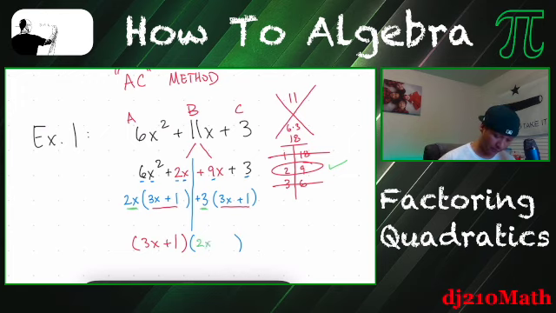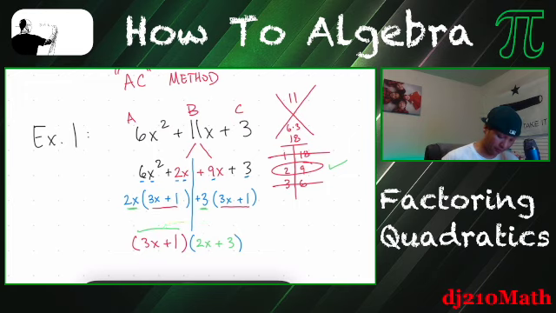Now, if you think about it, if you distribute all of this, you get 2x times 3x plus 1, and that's exactly what we have on the left. And then 3 times 3x plus 1. That's exactly what we have on the right.